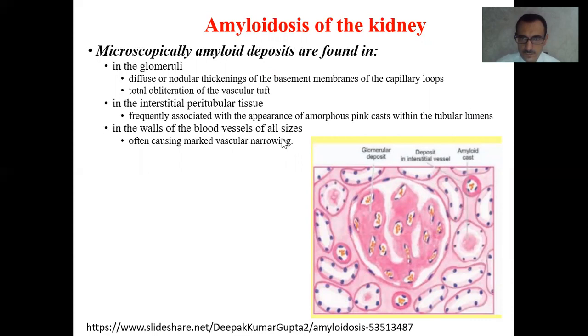And here we see again the glomerular deposits in the renal glomeruli, the deposits in interstitial blood vessels, and the amyloid casts in the lumen of the convoluted renal tubules.